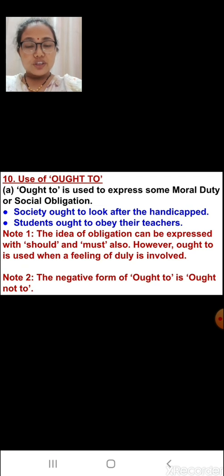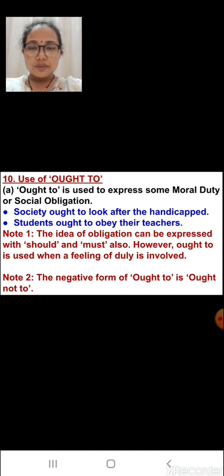Number 10, use of ought to. Ought to is used to express some moral duty or social obligation. For example, number 1, society ought to look after the handicapped.